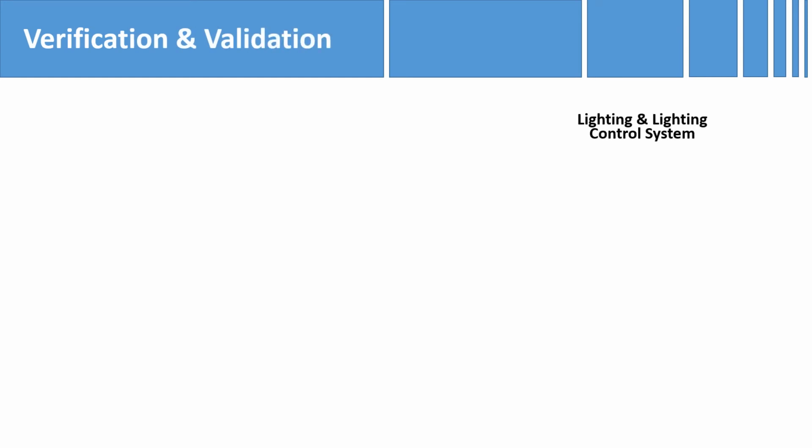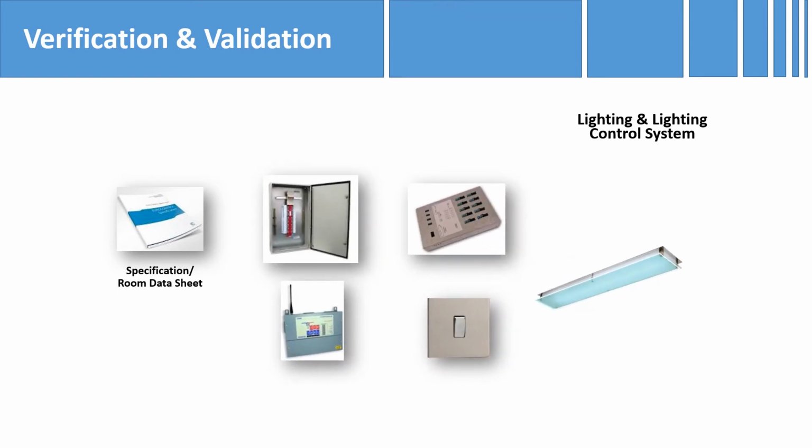This slide has been developed to demonstrate the difference between verification and validation, where we will be using a lighting and lighting control system as our example. The specification and room datasheet shall form our design input, and the following components shall represent the design outputs.